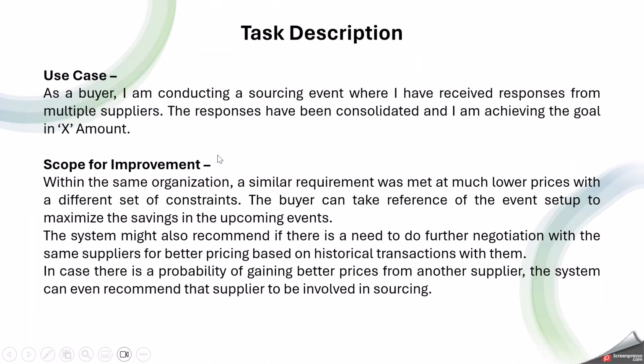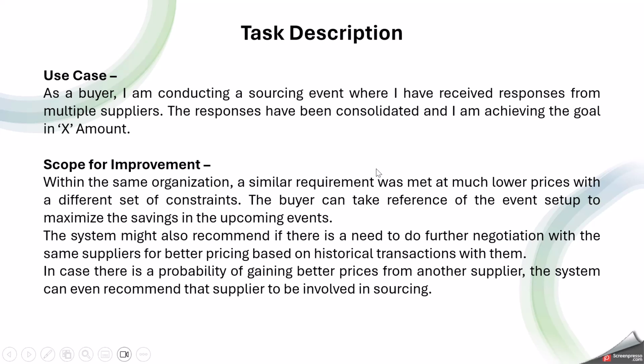Talking about the use case, I've considered a buyer who is performing sourcing for some line items or some services, and he wants the system to recommend certain suppliers for him, because as an end user he is not aware what all actions he can perform.